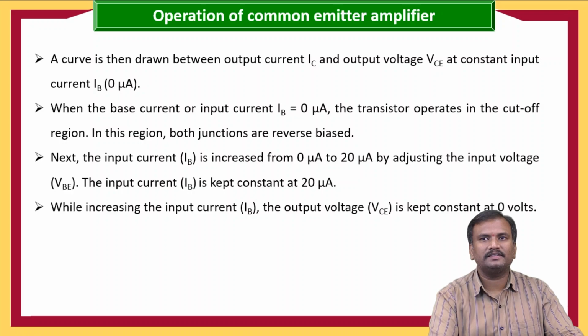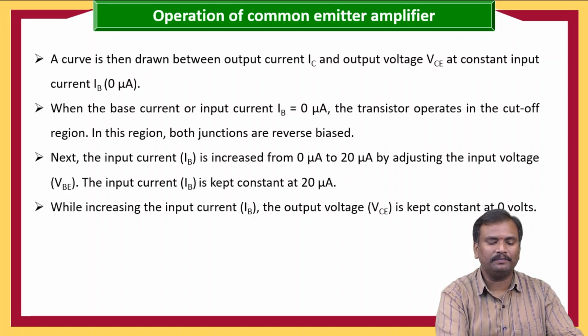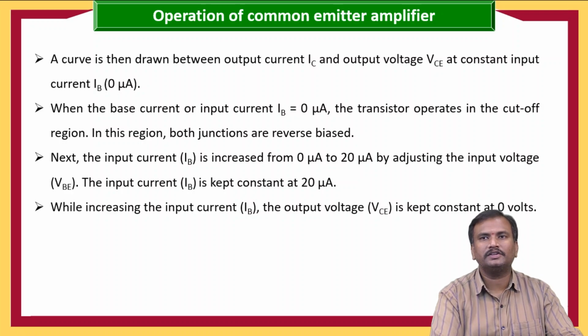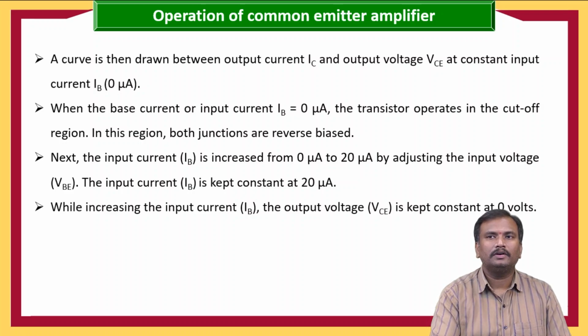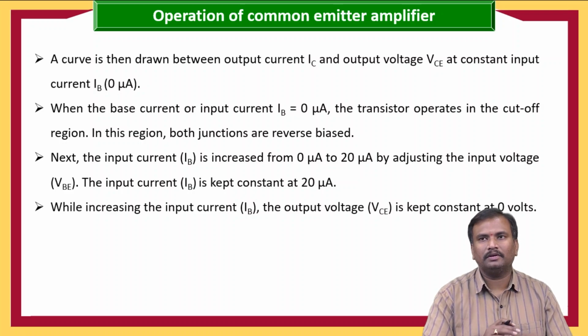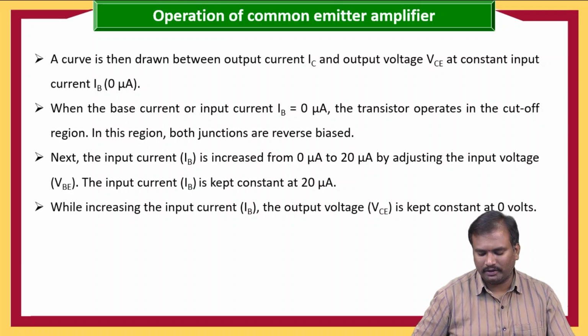Next, the input current is increased from 0 microamperes to 20 microamperes by adjusting the input voltage VBE, and the input current is kept constant at 20 microamperes. Like this, by increasing the input base current value, we need to change the output voltage and note down the output current.